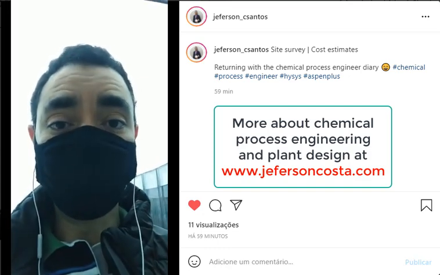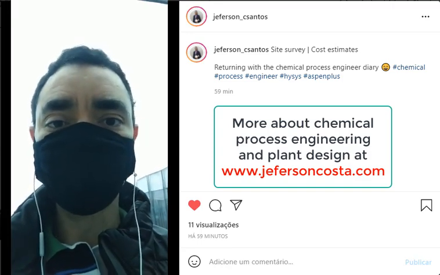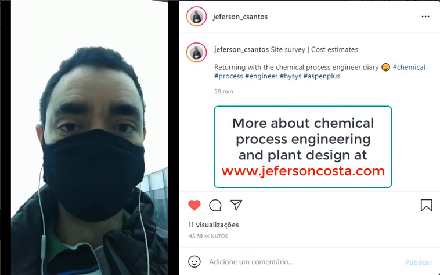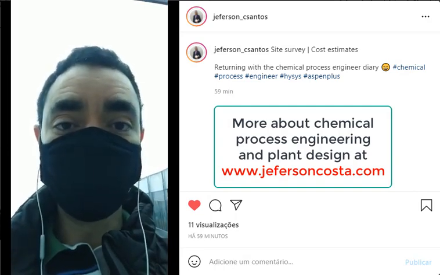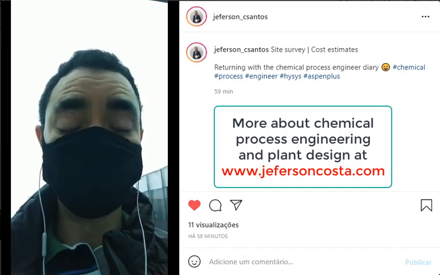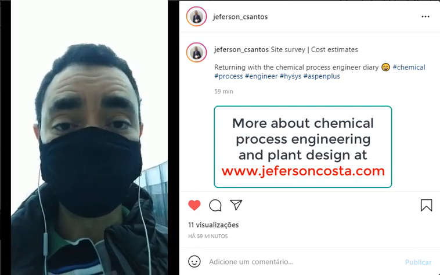So I have a relationship between the sizes of the plants, and I can apply a factor to scale up or scale down the cost of a project. And in that way, we are considering the early stages of the plant.